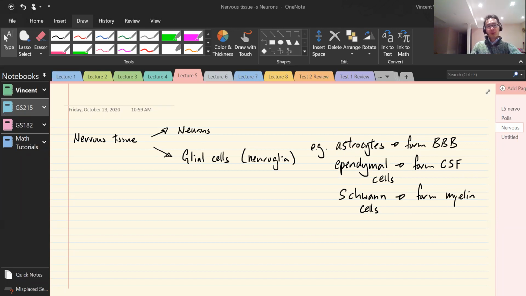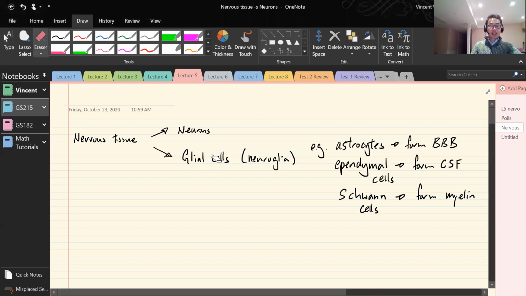So those are the glial cells. Now, glial cells are basically there to support and to protect the neurons themselves. They are the ones that can divide, whereas the neurons don't really divide at all. The numbers you have are pretty much going to be constant. They can form new connections, but if you lose some neurons, they're not really going to come back.